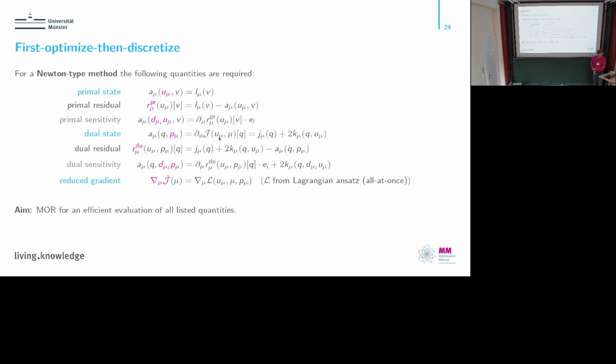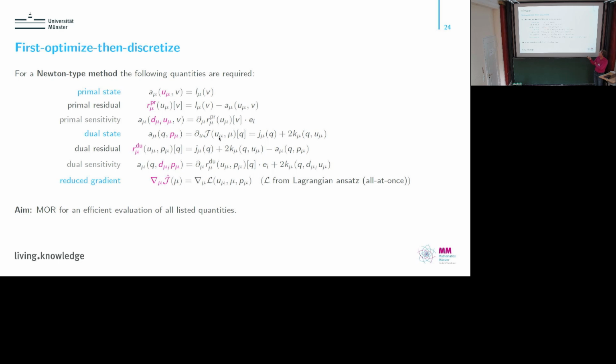So what you need in order to do that is we have the underlying PDE as a variational problem, which we call the primal state equation, and we define the primal residual, and the error estimate that we use is a residual-based error estimator.